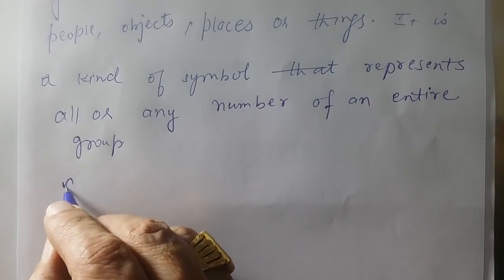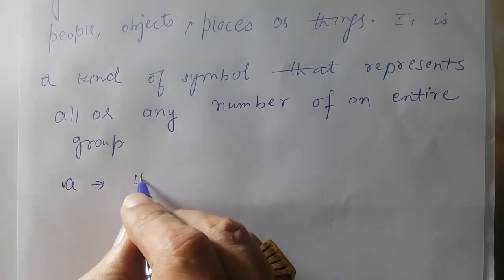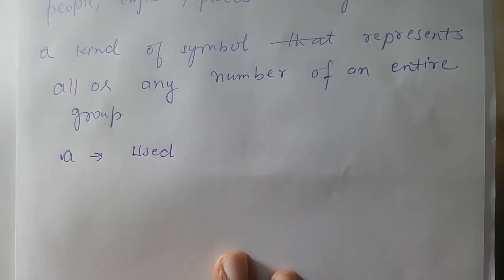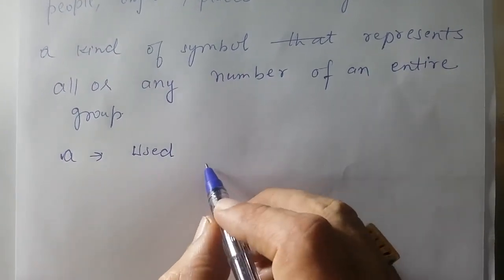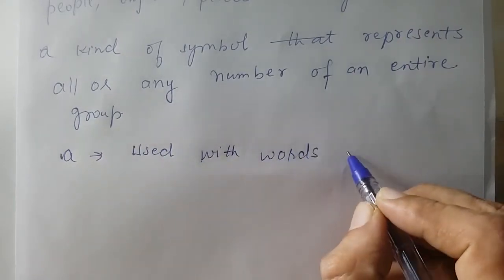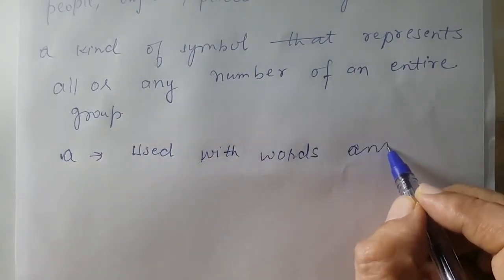First let me tell you where a is used. I know you know what a or an is, but use the technicality of the word, how technical the meanings of these words are.